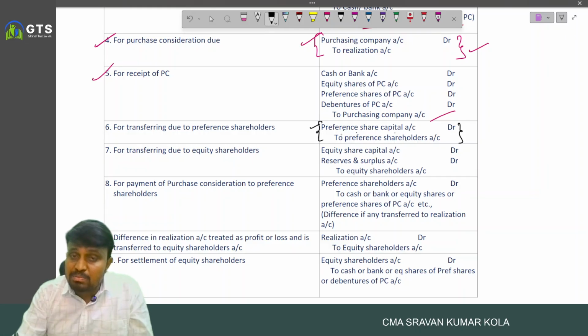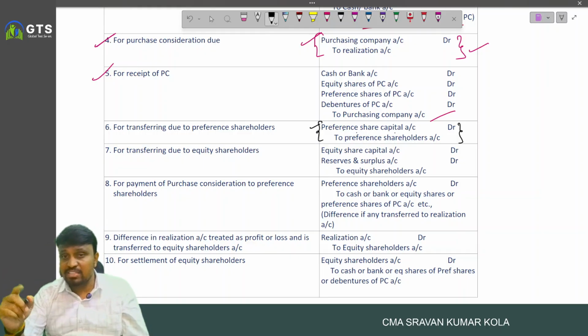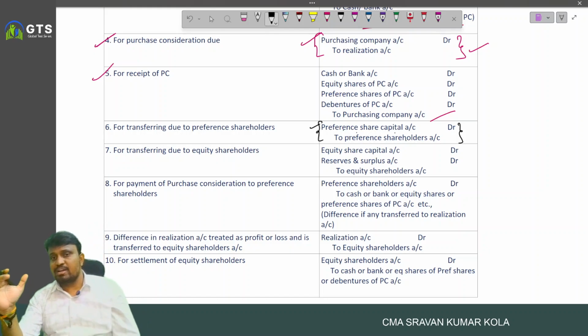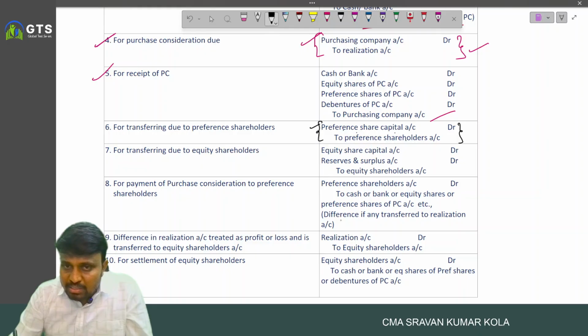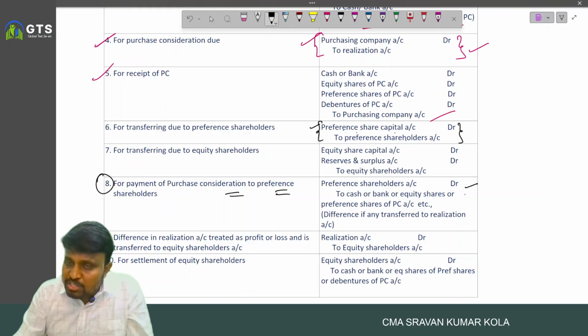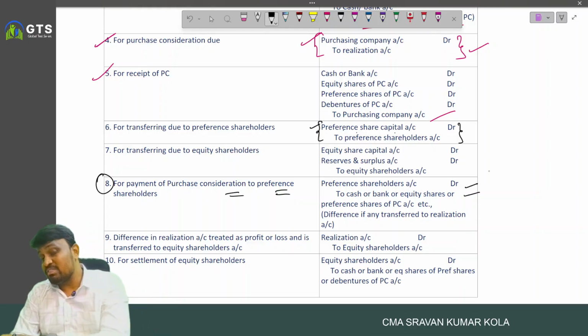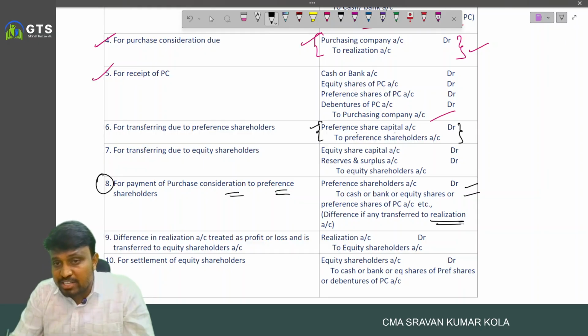But the premium, whatever excess we paid to the preference shareholders, is transferred to realization account only. So first we transfer preference share capital, but coming to the settlement, any difference we have for payment to the preference shareholders, to bank, to cash, to equity shares, to preference shares, to debentures, etc., any difference we have in preference shareholders, we just transfer to realization account.